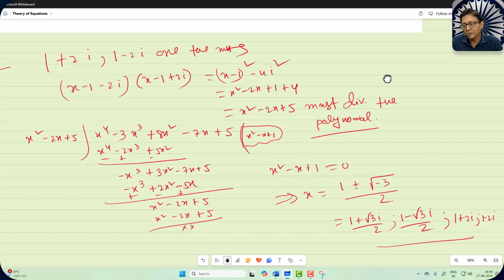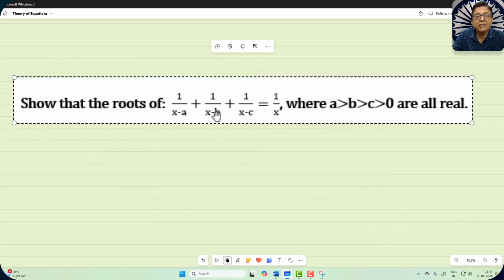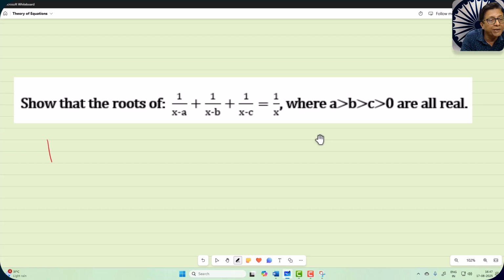These are the roots of the fourth degree polynomial. Okay? This is a very interesting question. This question came in many exams in many different forms. I have just chosen the simplest one to prove that the roots of this equation are all real.